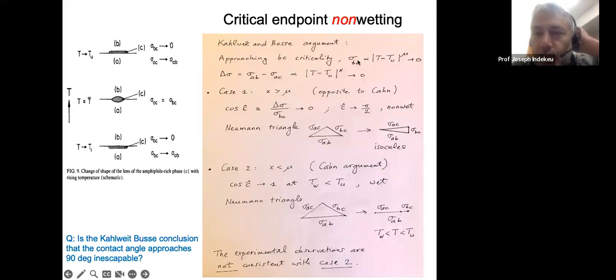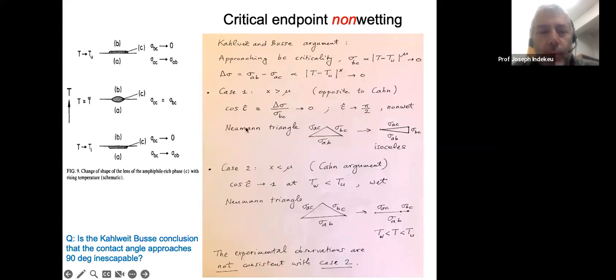So approaching BC criticality, the BC interfacial tension vanishes with an exponent mu. That's old news. And the delta sigma, remember, delta sigma is sigma AB minus sigma AC, is presumably positive, could also be negative, doesn't really matter.